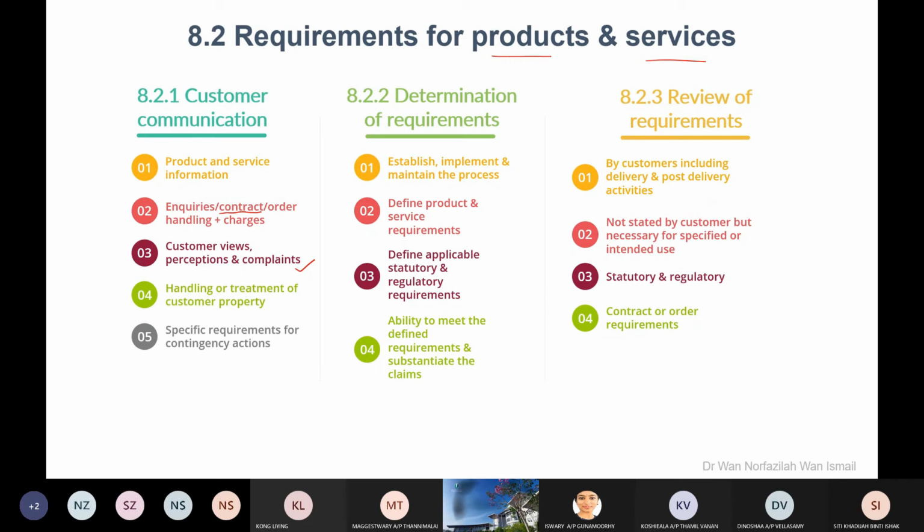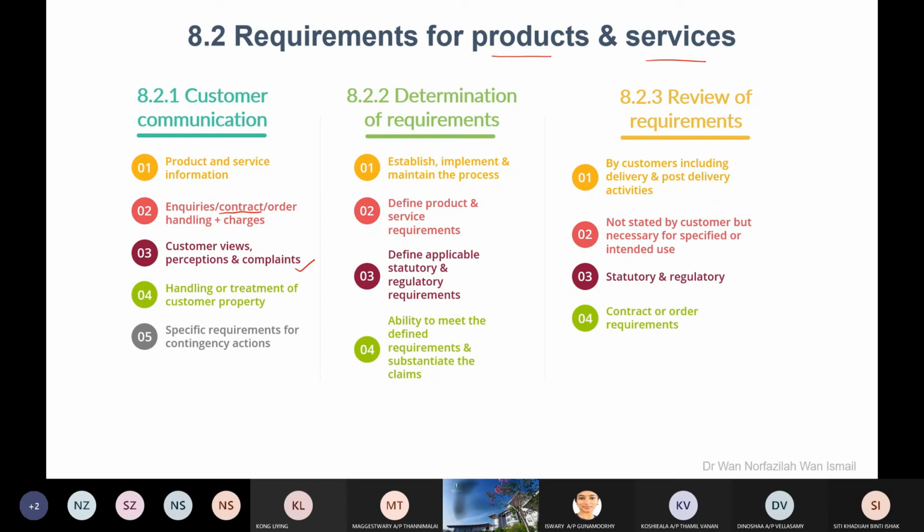It can be one of the customer complaints. It is not only that the customer doesn't like you. Complaints can also be used for improvement. Alright, so that is another example of customer communication: how customers complain to you, and what the customer's views are about your product and services.